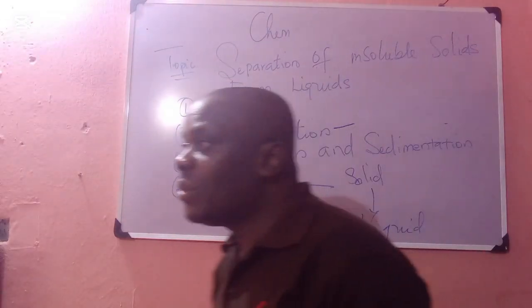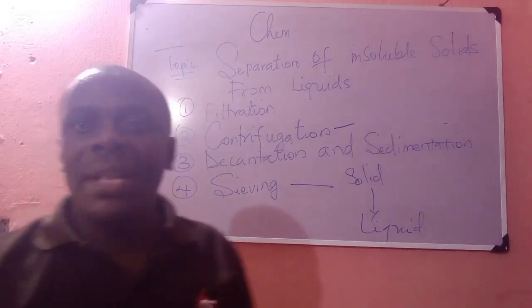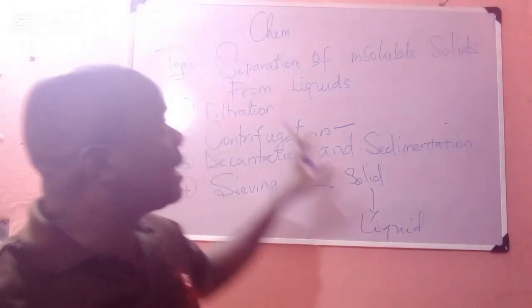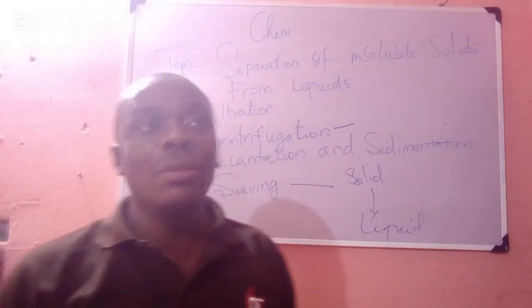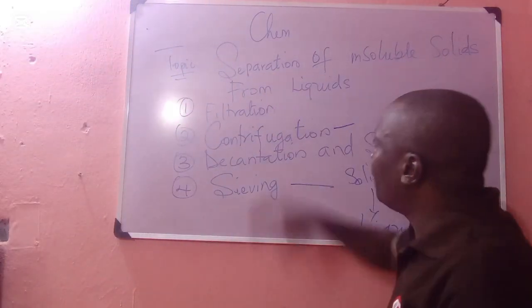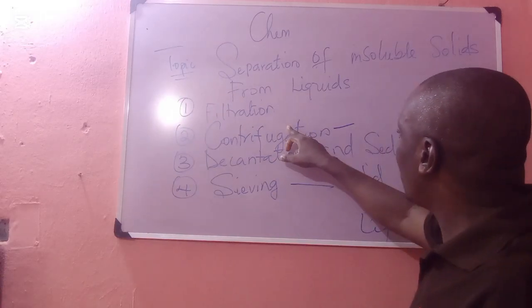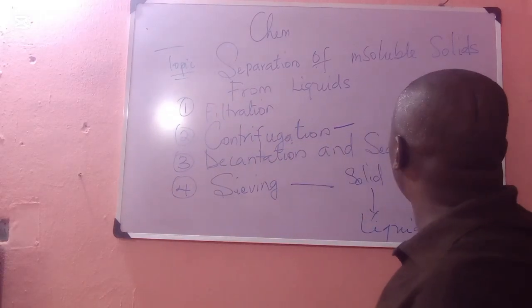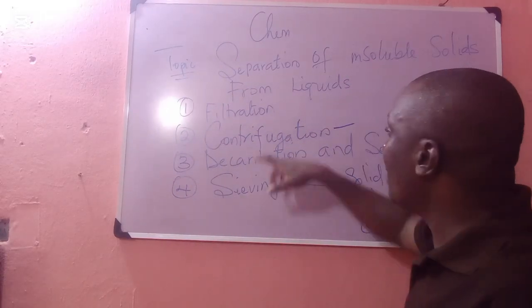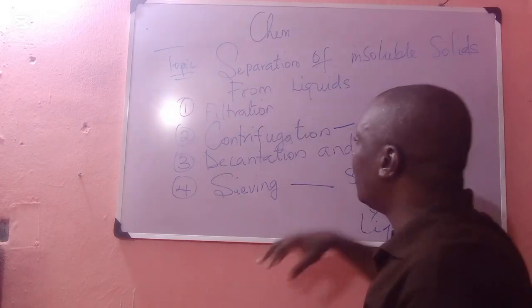So we can see that there are some separation techniques applicable to separating insoluble solid from liquid, which are filtration with the aid of filter paper, and centrifugation with the aid of your centrifuge. You spin it for a period of time, then the liquid and the solid will separate into two different parts.